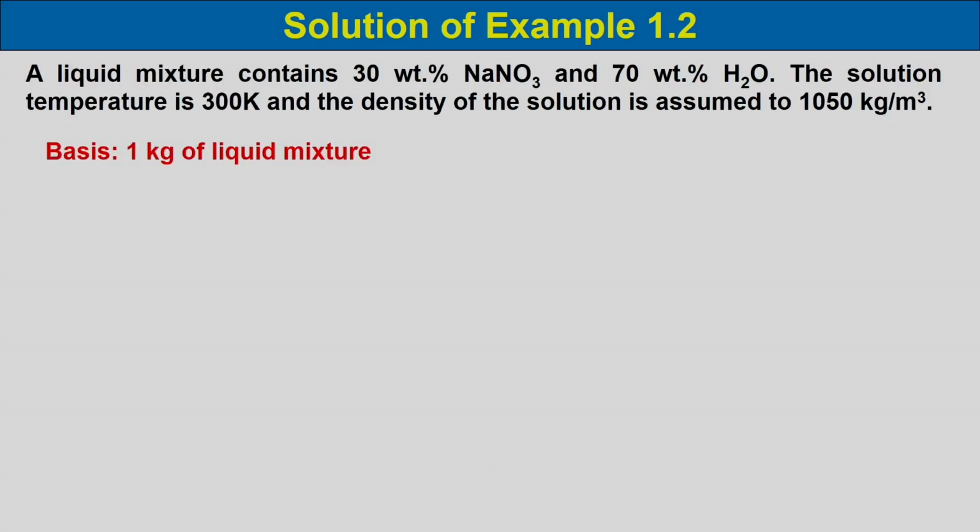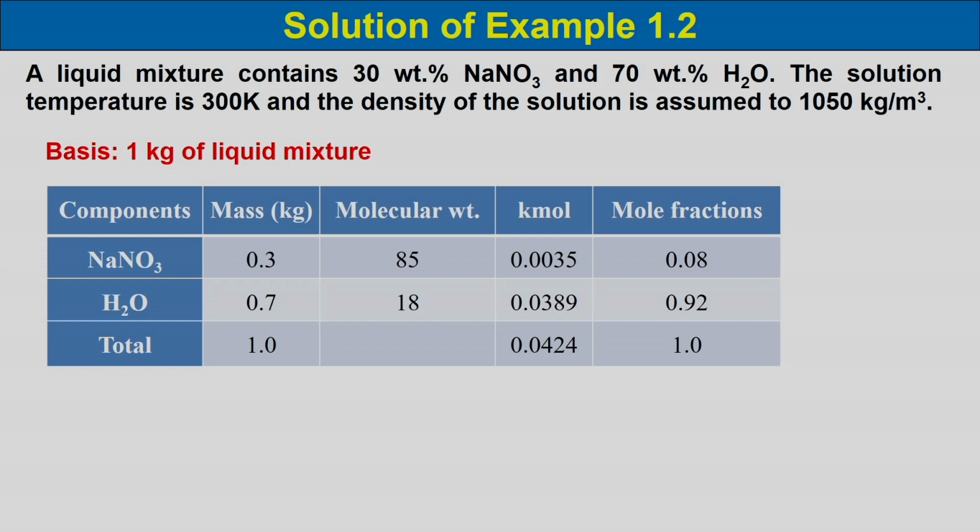Let us solve this. For the basis, let us consider 1 kg of the liquid mixture. So, sodium nitrate is 0.3 kg because it is 30 weight%, and water is 70 weight%, which is 0.7 kg. So, the total mixture is 1 kg. The molecular weight of sodium nitrate is 85 and of water is 18.